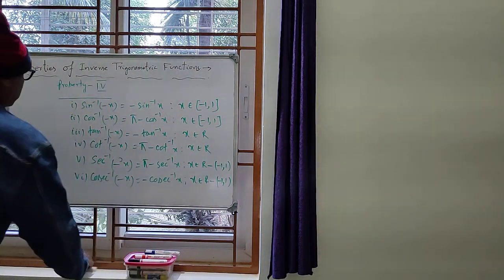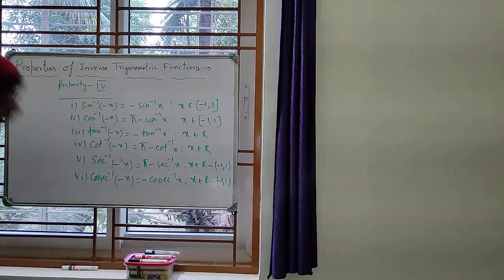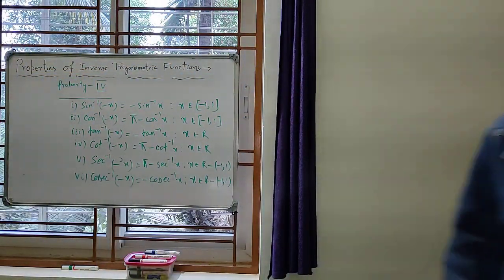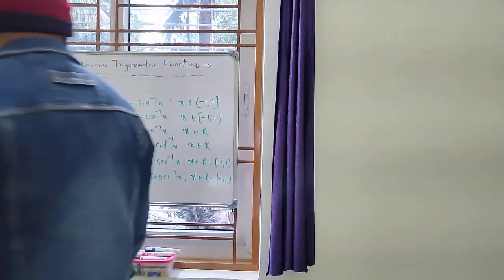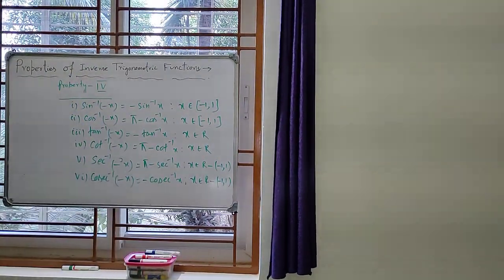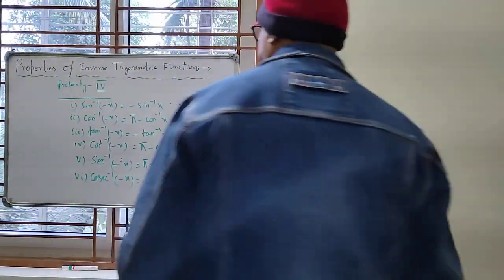That's all about the fourth property. Is it clear to all of you? Please note it down. After that, we'll start the fifth property of inverse trigonometric functions.